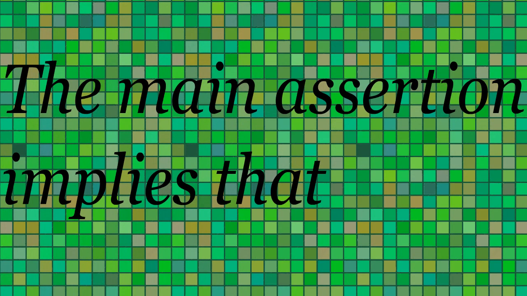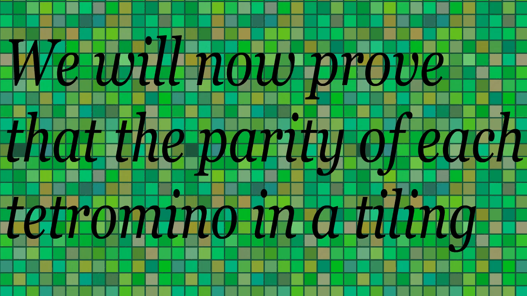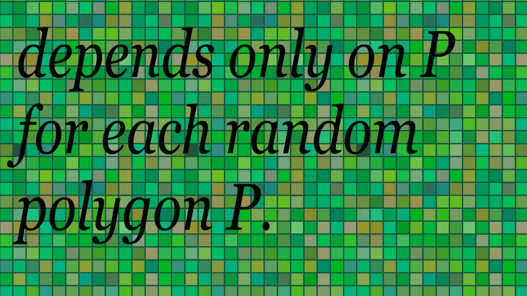Our main assertion implies that for every other tiling of P, the parities will always be odd, even, odd and then even. Our goal is to prove that the parities of the number of tetrominoes depend only on P, in the general case, for any random lattice polygon P. To prove this, let us consider an infinite grid of unit dominoes.